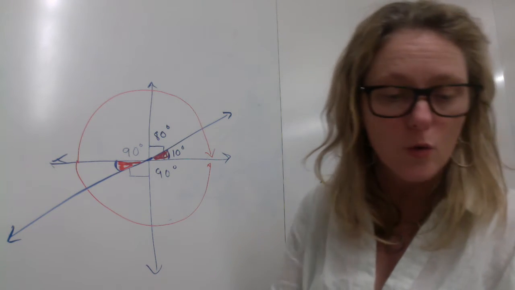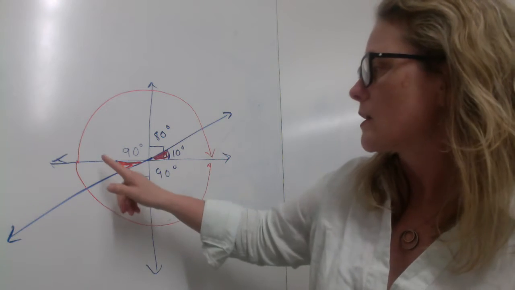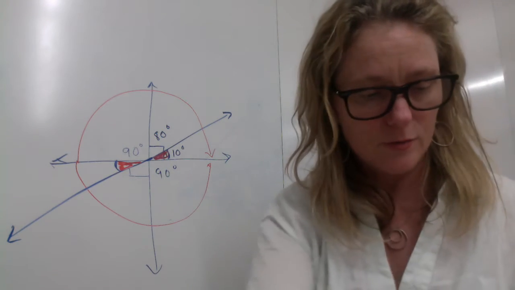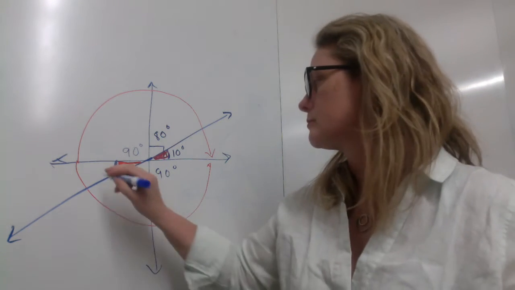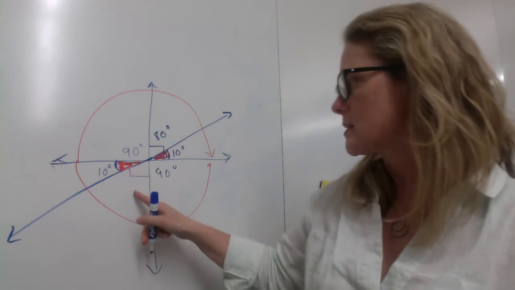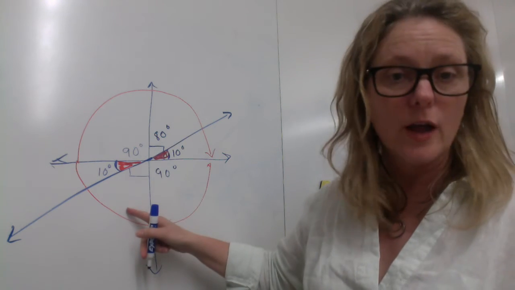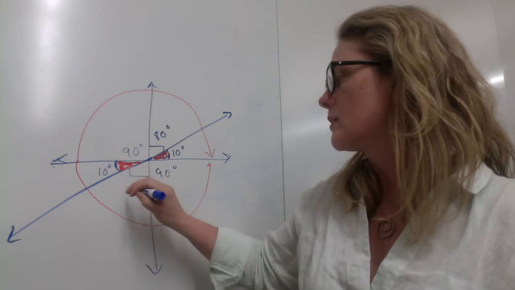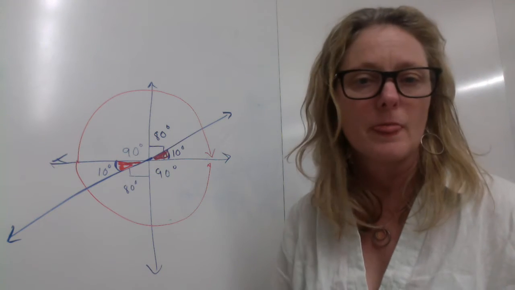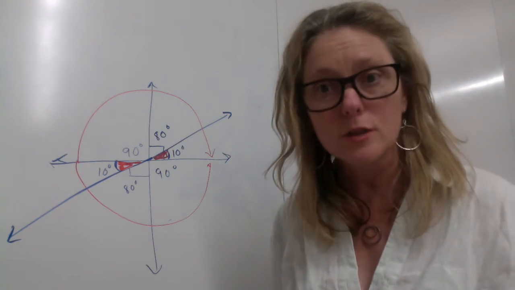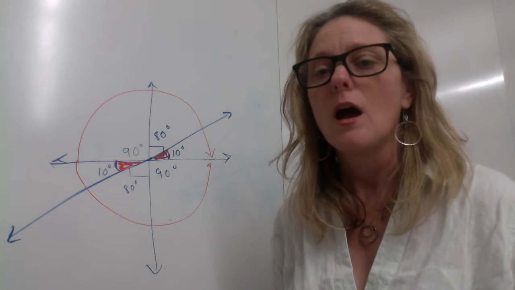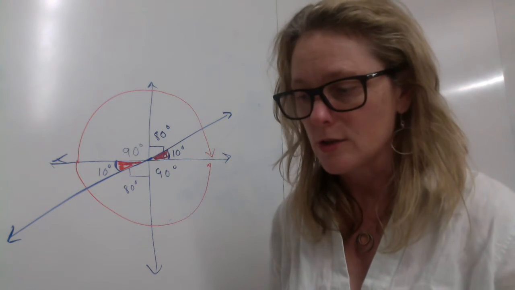So this angle is 10 degrees, that angle would have to be 10 degrees, which means this angle and this angle are vertical angles. If that's 80, that's got to be 80. So I can figure out lots of different angle measurements by knowing those angle relationships.